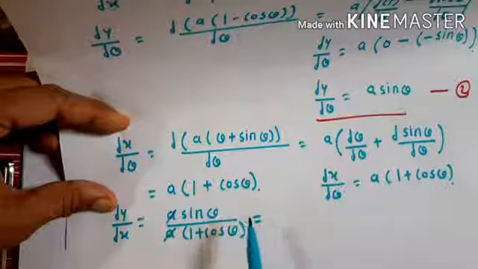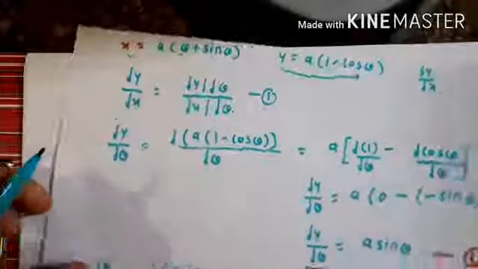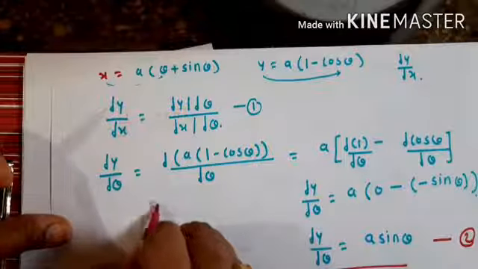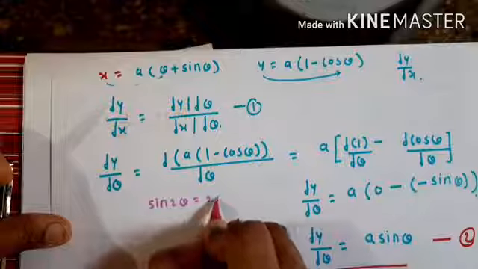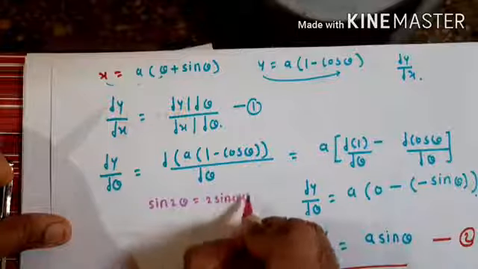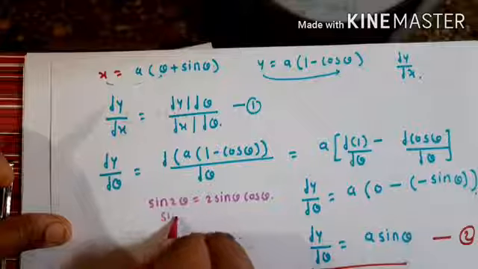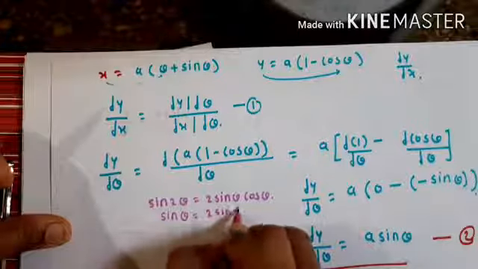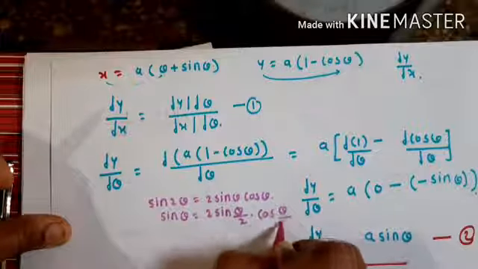We know the formula of sine of 2 theta. Sine of 2 theta is 2 sin theta into cos theta. And therefore, by the half angle formula, sine of theta is 2 sin theta by 2 into cos of theta by 2.